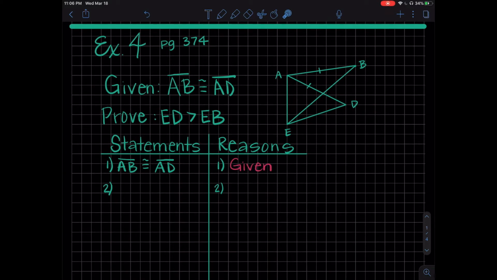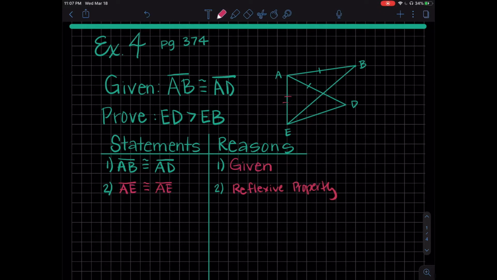Right now we have this is congruent to this, and if you can see real quick, there's this triangle, BAE, and then there's ADE, and they share AE. And when you share AE, that makes it AE is congruent to AE, and that's the reflexive property.